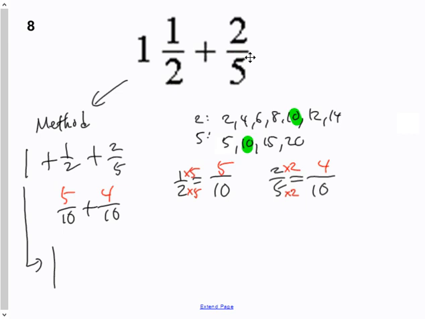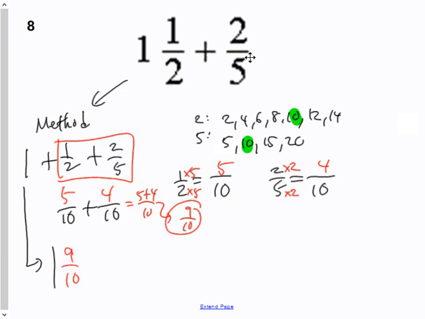Okay? And 5/10 plus 4/10, if I added those together, is going to be 9/10. So this part of my question equals 9/10. If I add it to the 1 that's down here, my final answer becomes 1 and 9/10, and that's your answer, 1 and 9/10.